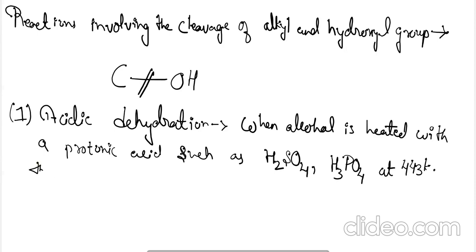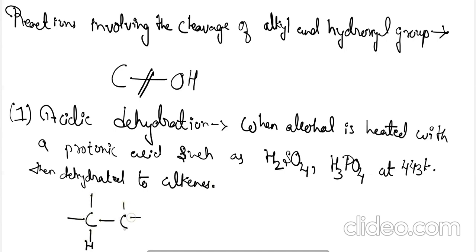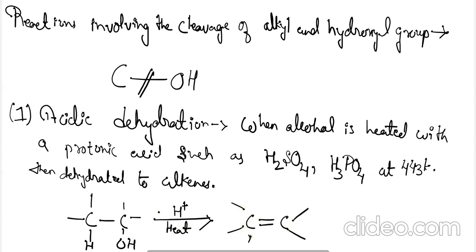Alcohol is dehydrated to form alkenes. So here C, H, C, OH, with H plus and heat, gives the formation of C double bond C, which is an alkene, plus H2O.